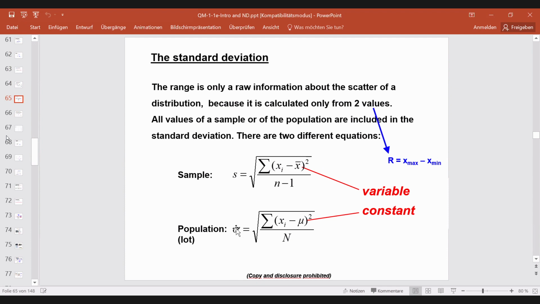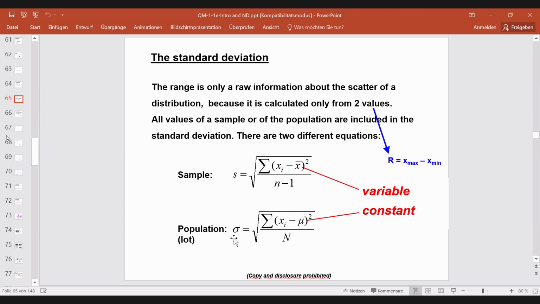Here you have the standard deviation of the lot, of the population, and this is called sigma. Here you take all the parts of the population and again calculate the difference to the mu value, to the mean of the population, squared, and then the sum of all these differences divided by the number of the population, then the root of it, and then you get sigma.